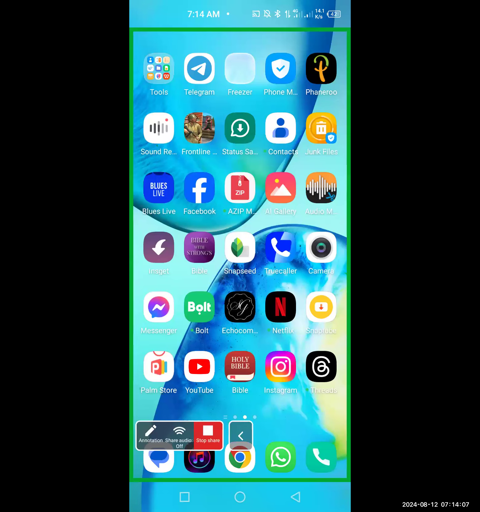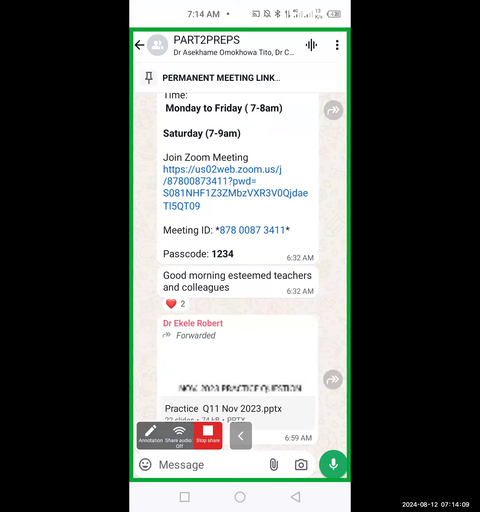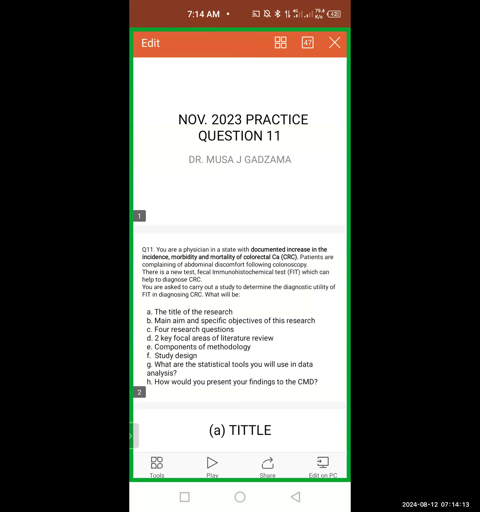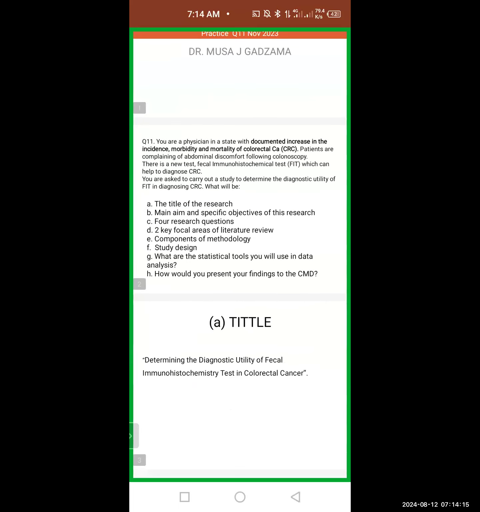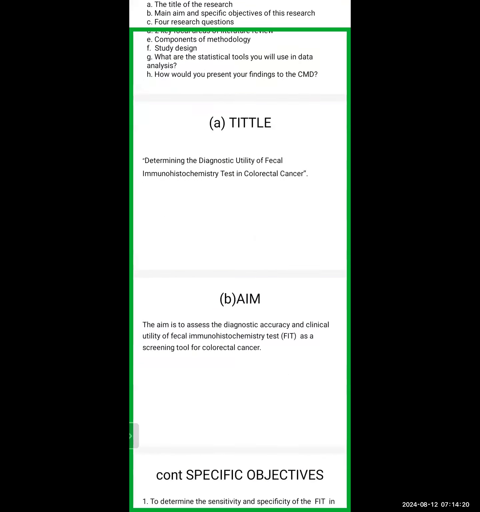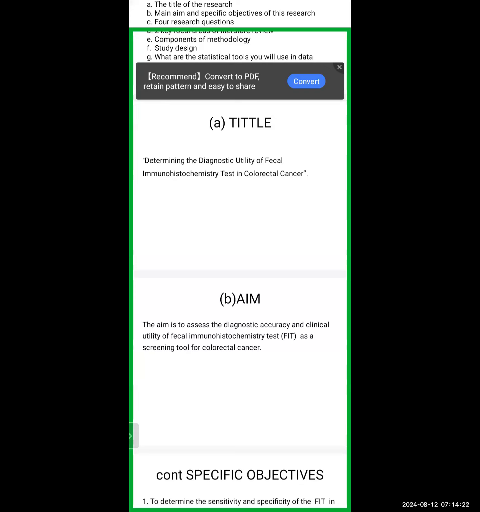Yes, the title of the research. Now, I wanted to say, is it going to be determining the diagnostic utility of fecal immunochemical tests in colorectal cancer or clinical utility?